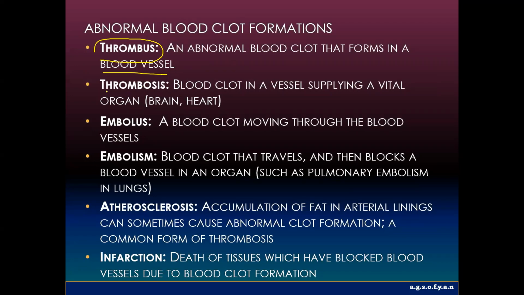If it happens in the blood vessel that supplies our vital organs like the brain and the heart, that thrombus is called thrombosis. This is the terminology for blood clot in a vessel that supplies vital organs like the brain and the heart.